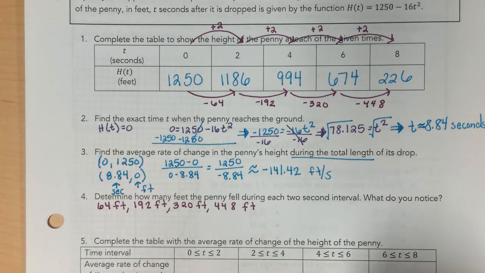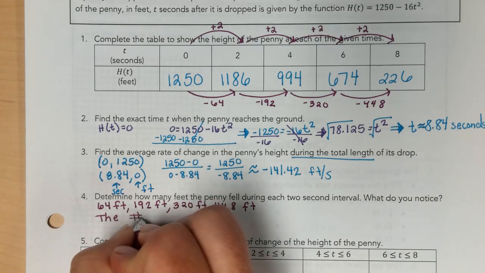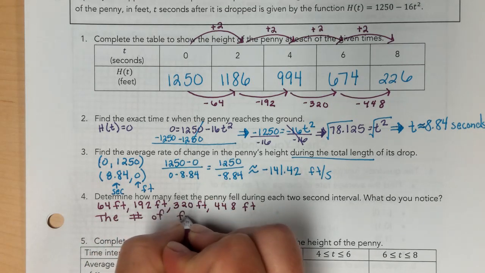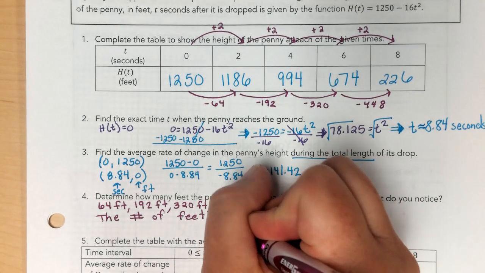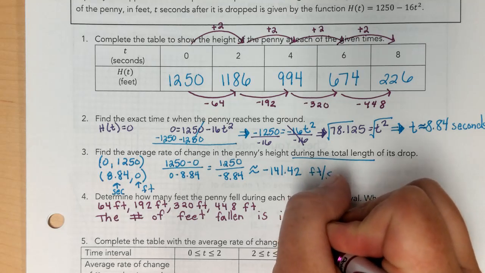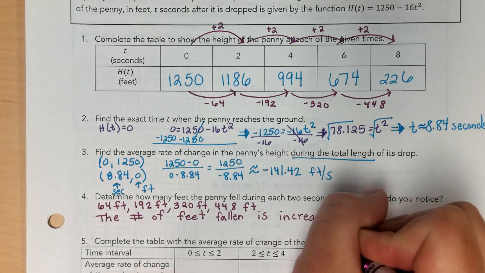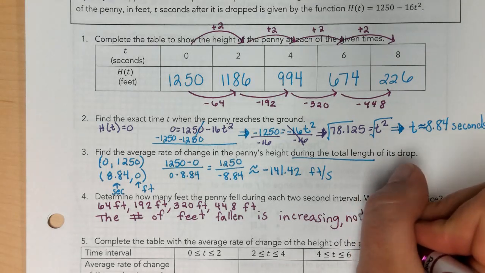Okay, so the number of feet fallen is increasing, meaning that it is not constant.